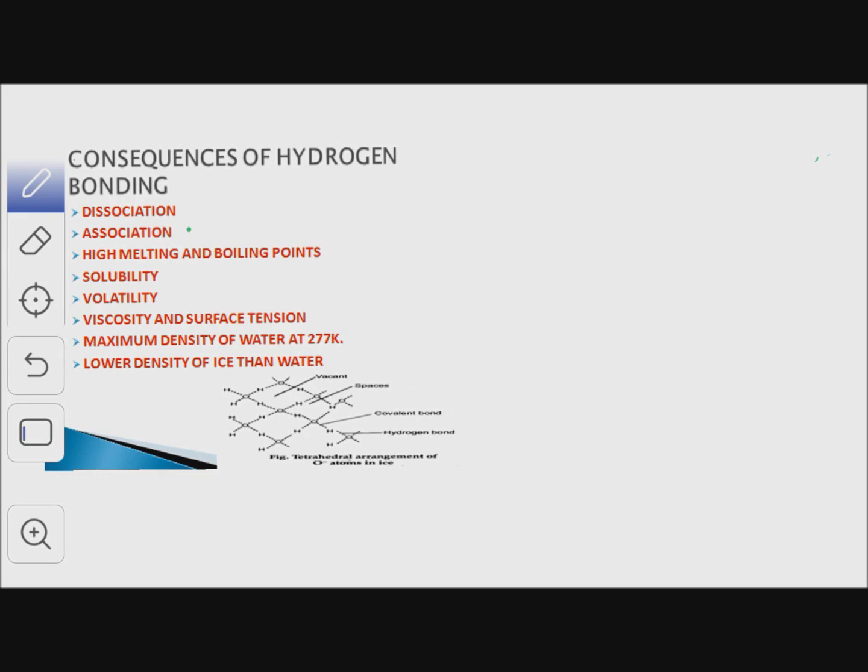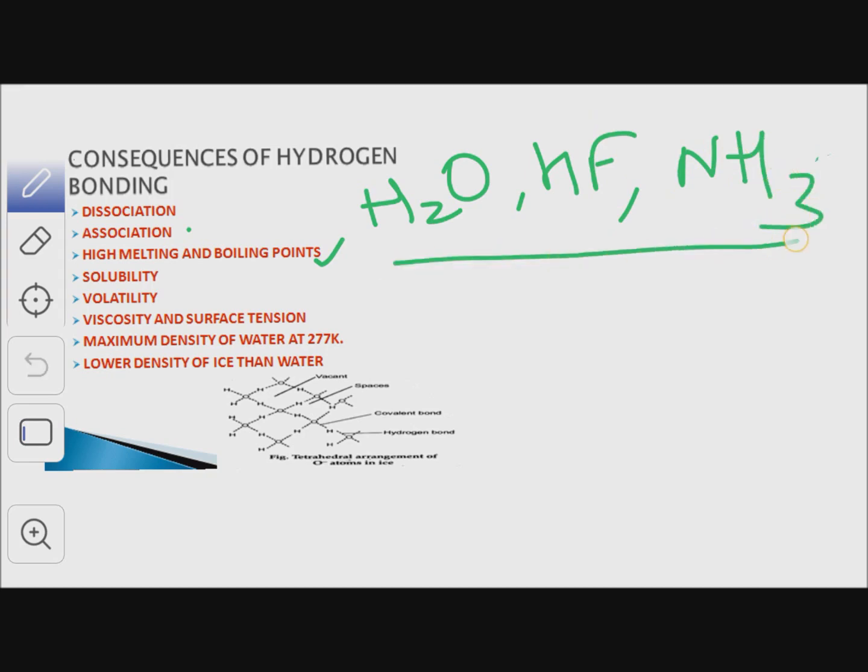And the next consequence of hydrogen bonding is high melting and boiling points. Like in case of water, HF molecule, NH3, ammonia molecule, they all have high melting and boiling points.